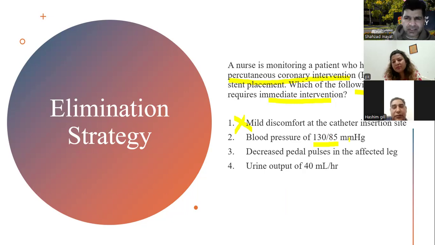Do you think this blood pressure requires the most priority, or we need to prioritize this intervention over the other three?